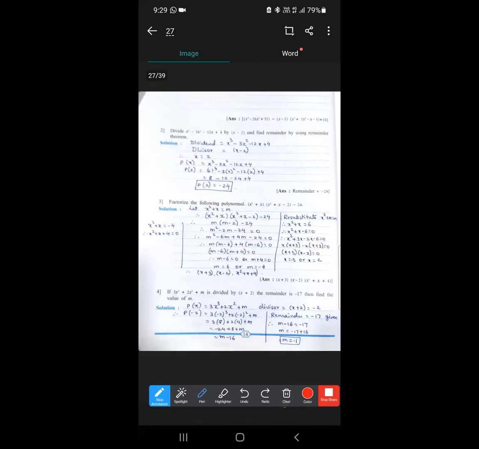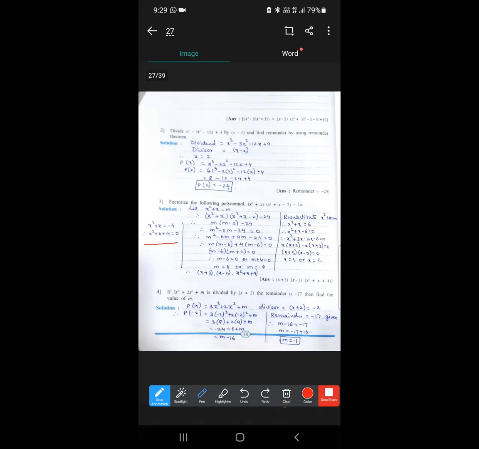So what will we do? We will keep this quadratic equation as it is, because the factors we have got are not suitable for this particular equation.